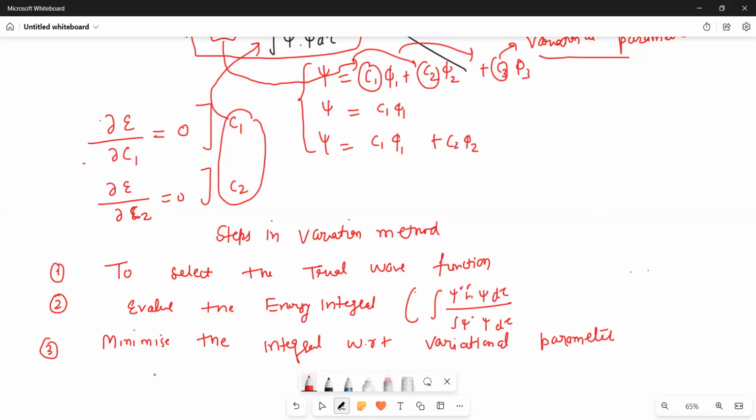So we will differentiate the energy expression with respect to C1 if C1 is present, and with respect to C2, and then individually we will put these equal to 0.